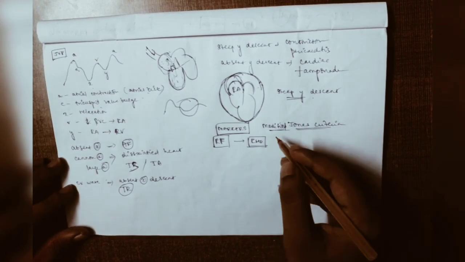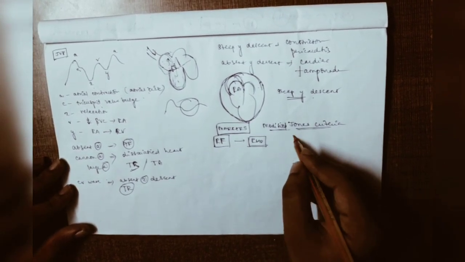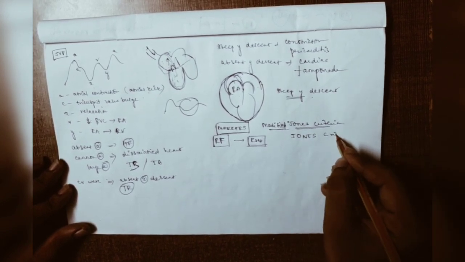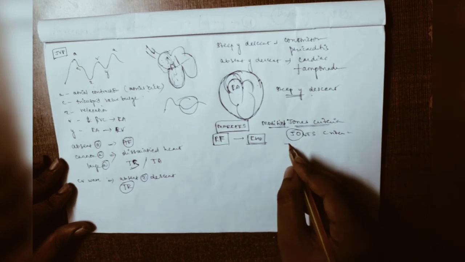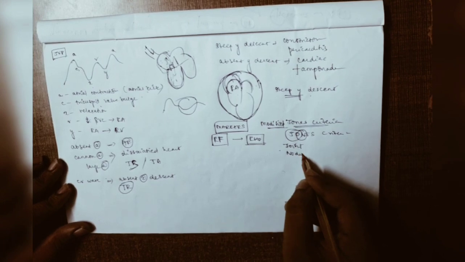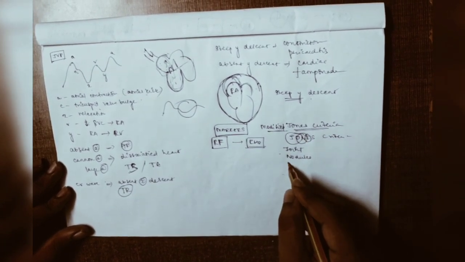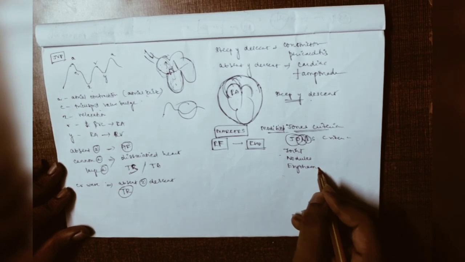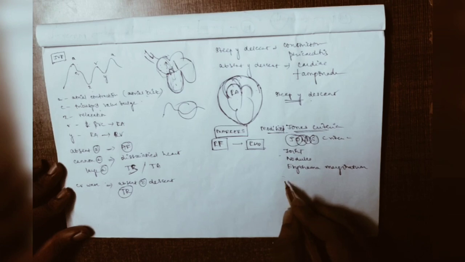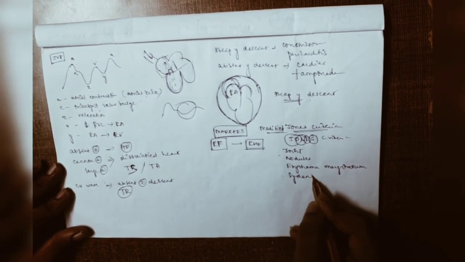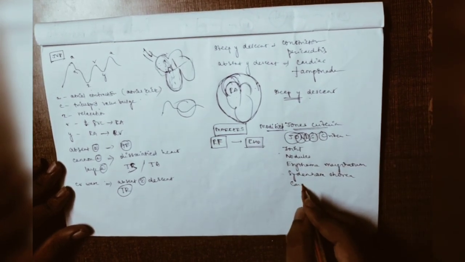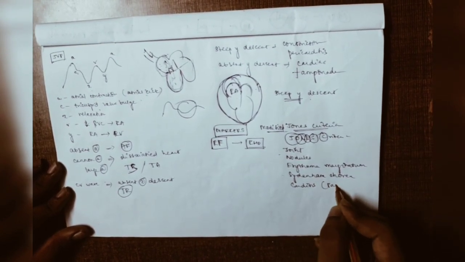The things included under the Jones criteria are, as I already told, JONES: J for joint involvement, O for the heart, N for nodules, E for erythema marginatum, S for Sydenham chorea, and C for carditis, which is nothing but pancarditis.